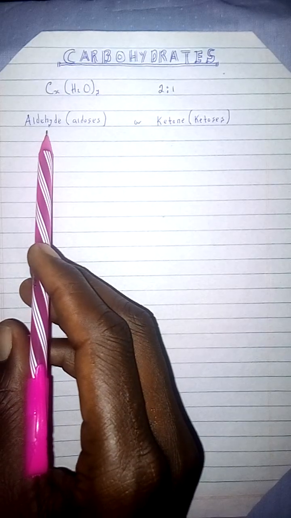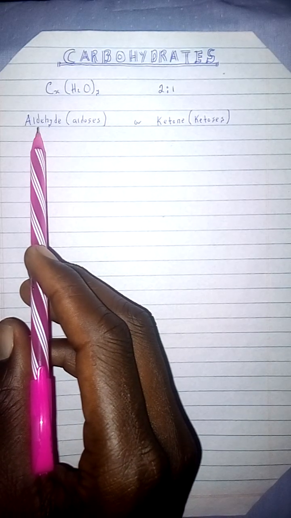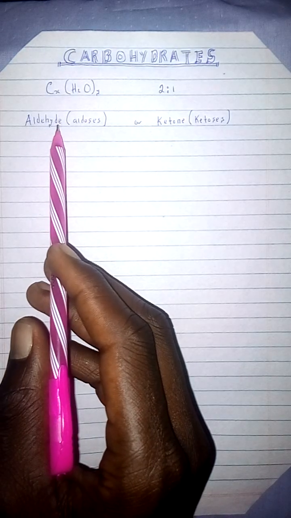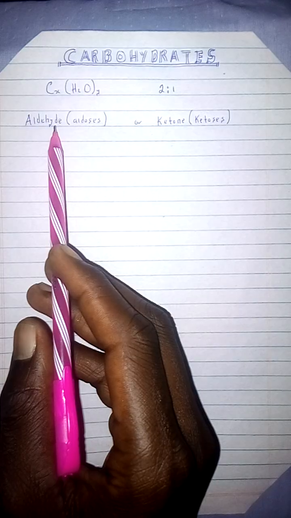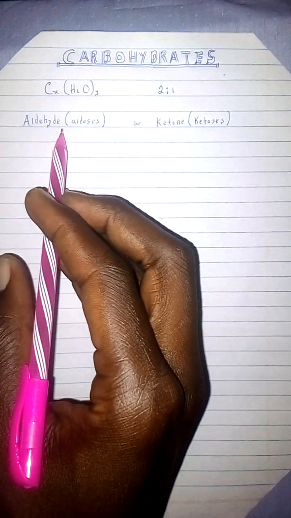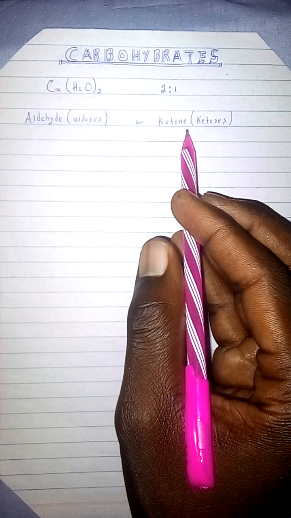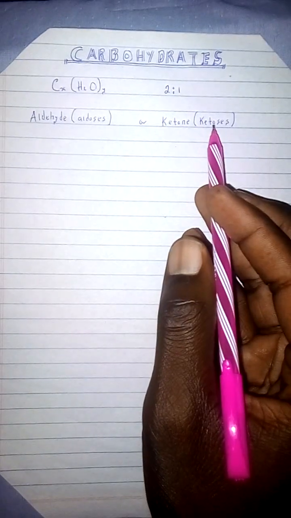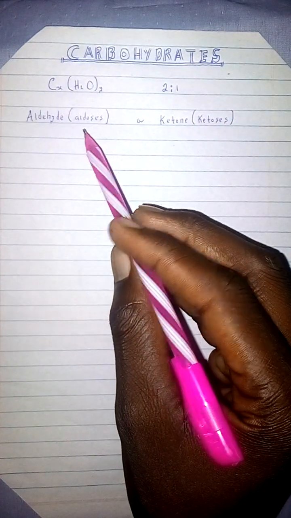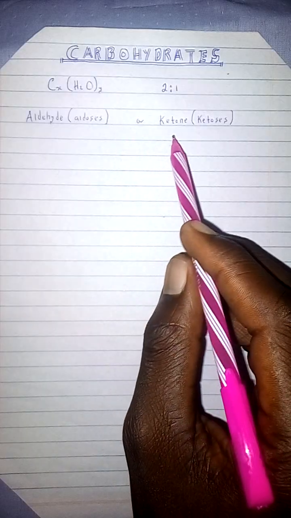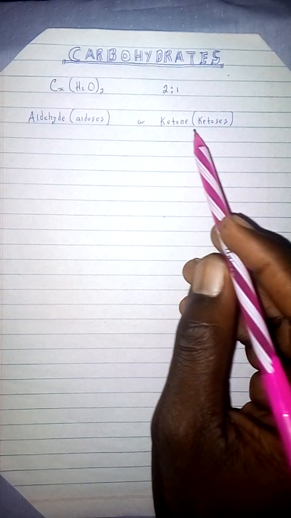Well, aldoses have a terminal carbonyl group, and these are easily oxidized, unlike ketoses. Ketoses are not easily oxidized, since they do not have a terminal carbonyl group.